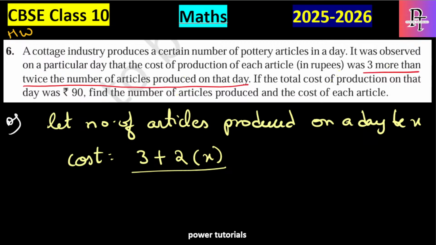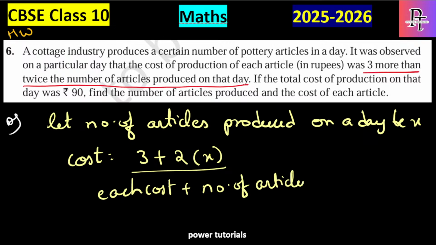If the total cost of production of that day was 90, what is the total cost? Total cost is nothing but each cost into number of articles. How am I saying this? For example, if you go to a shop and want to buy Dairy Milk chocolates, and one chocolate is, suppose, 20 rupees, if you want 5 chocolates, then what will be the total cost?